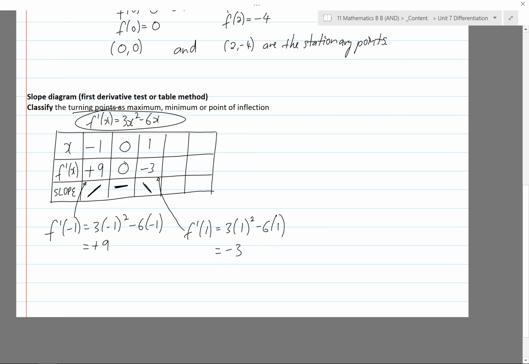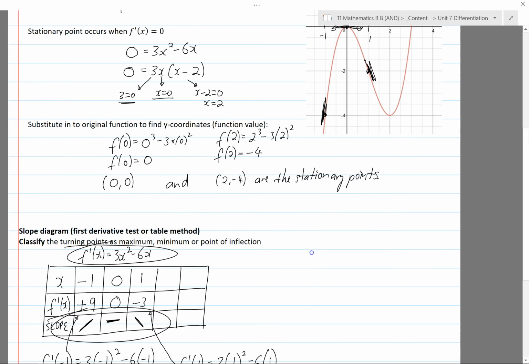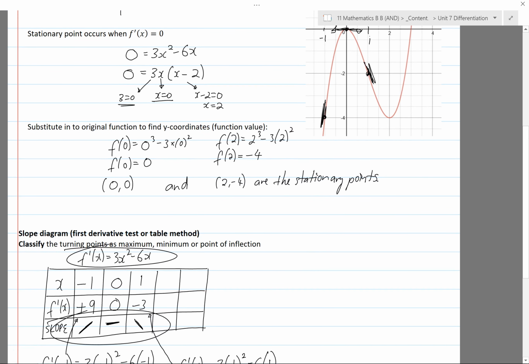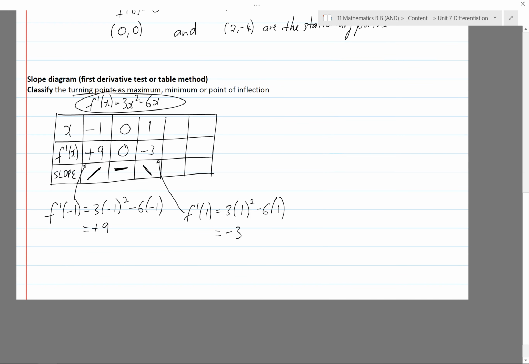So from this little slope diagram, I can tell that the point I've just imagined without looking at the graph is actually a maximum. So I can write that in my little summary here. So 0, 0 is a maximum.